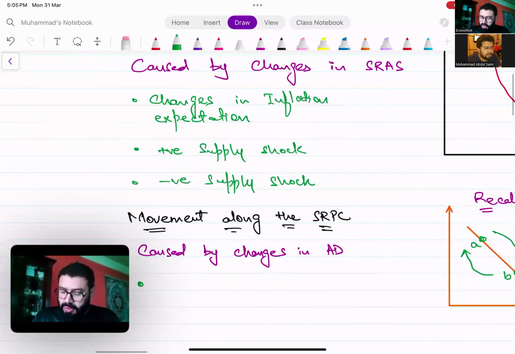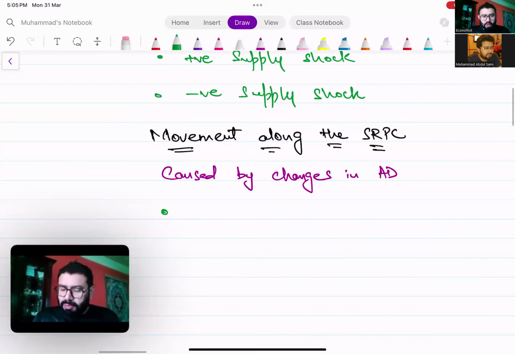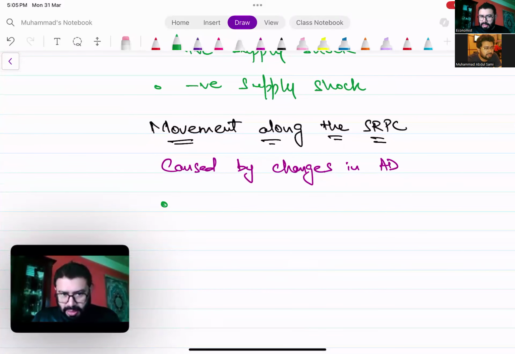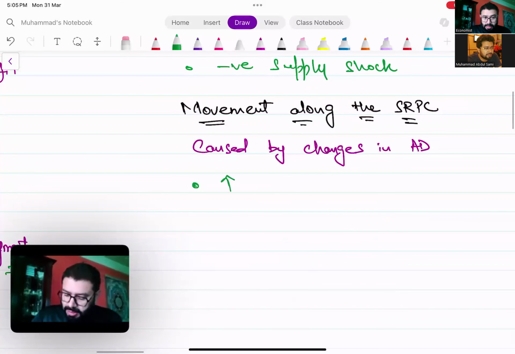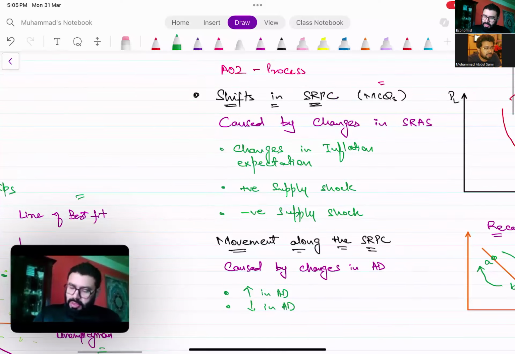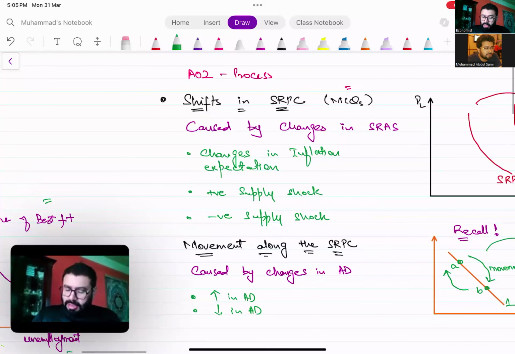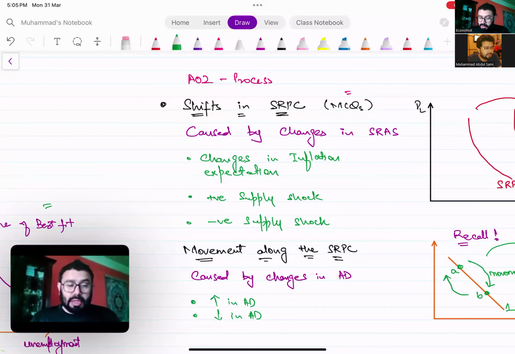Talking about the movement along the SRPC, this is caused by changes in aggregate demand. So it could be an increase in aggregate demand, and it could be a decrease in aggregate demand. Okay, so these are the reasons or points that could be asked by the examiner in your MCQs.